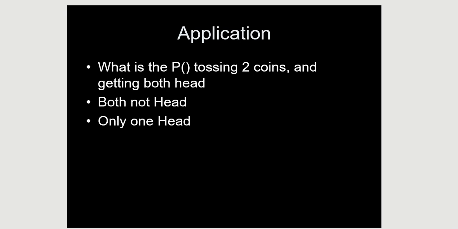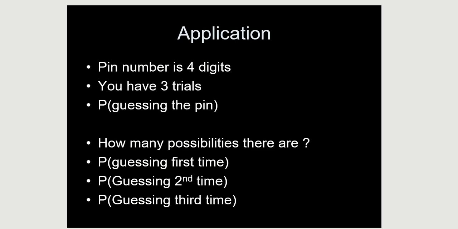We used the additive rule and the multiplicative rule. Also we used conditional probabilities, and we looked at cases where events are independent. More examples. What's the probability that if you have a pin made of 4 digits, somebody would be able to guess your pin number, knowing that they get 3 trials?